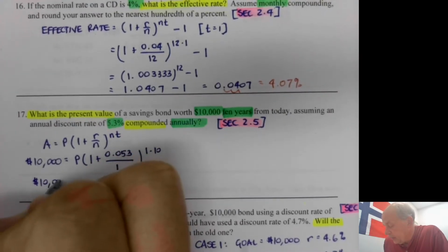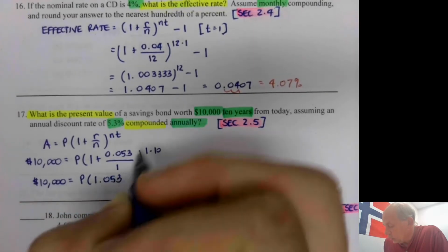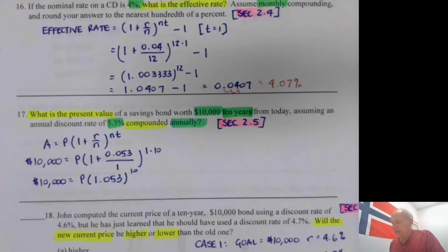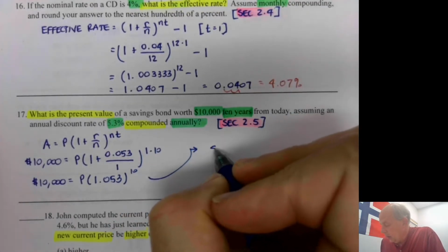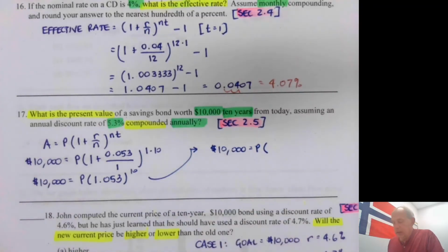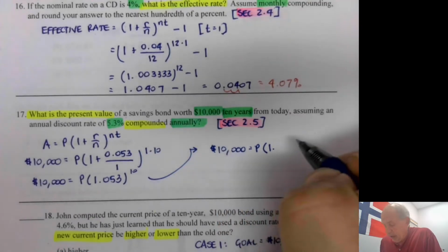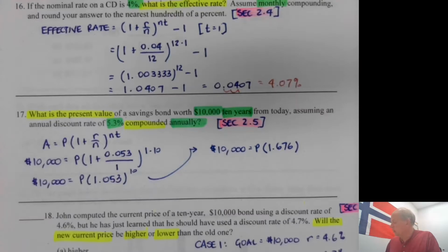So I have 10,000 is equal to P times 1.053 raised to the 10th. 1.053 raised to the 10th is 1.676.